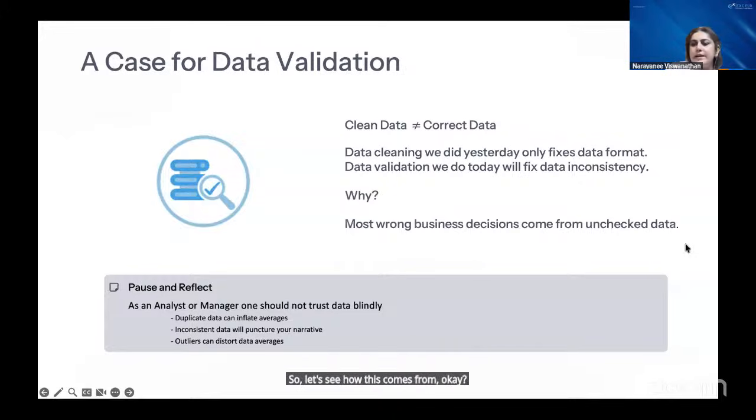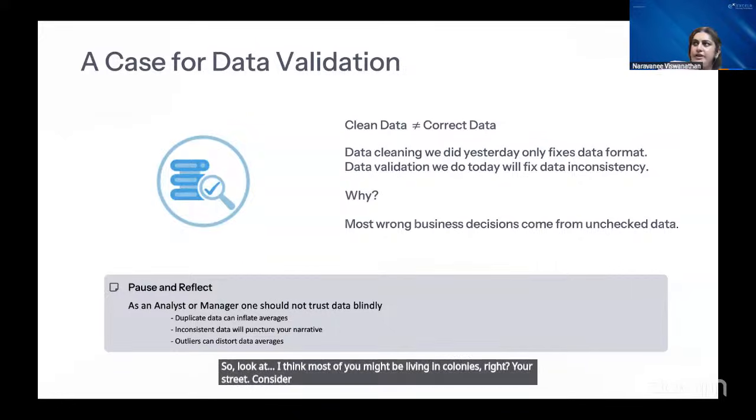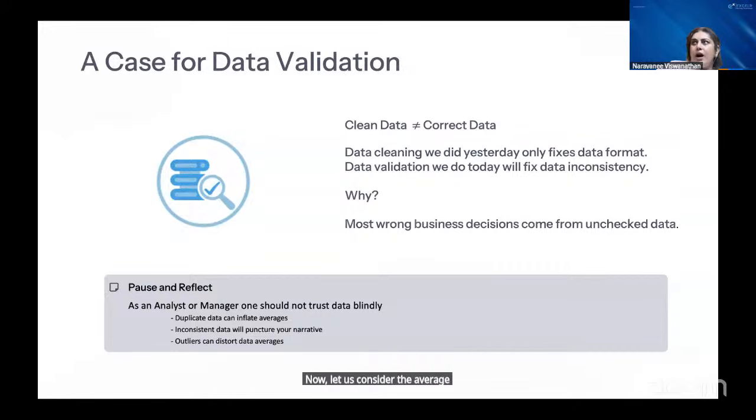Where does this need for data validation come from? Let's say I am looking for the average. I think most of you might be living in colonies, right? Consider your street. Now let us consider the average household income for everyone living in the street.